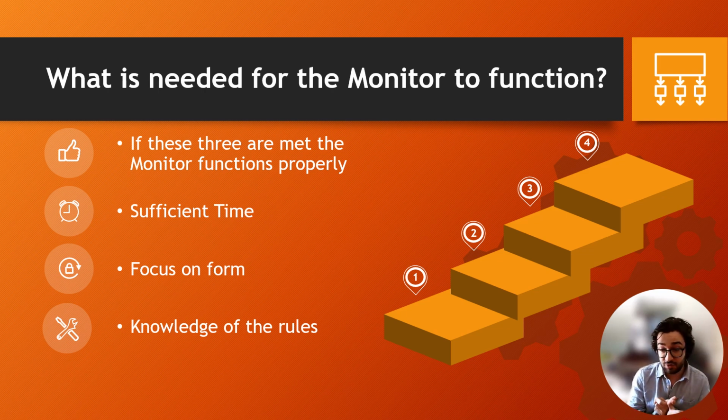It can't be timed too heavily, or else you won't be able to take that step back and really think about the words you're saying. So you need sufficient time. You need to focus on the form, right? You need to focus on the grammar. This is how we learn grammar, not necessarily all vocabulary, because that's all subconscious. We are learning the grammar, the structure, how to formulate proper sentences. And for that, we need to focus on form.